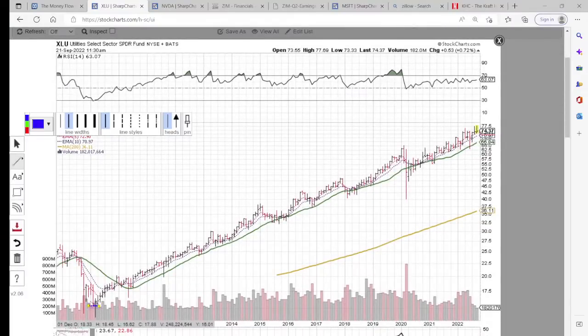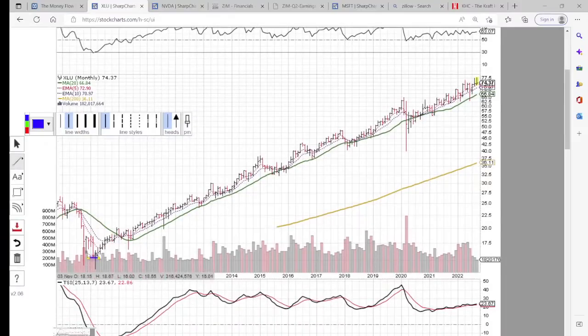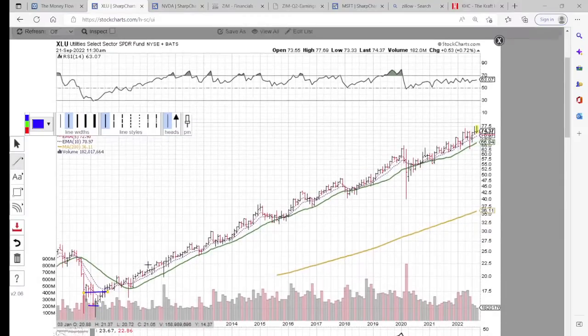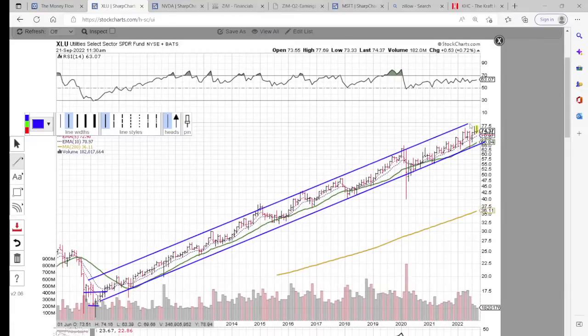Edison, Duke. Since 2009. Look at this. Isn't that crazy, man? One of the greatest investments of our lifetime. Utility stocks. Your power company.